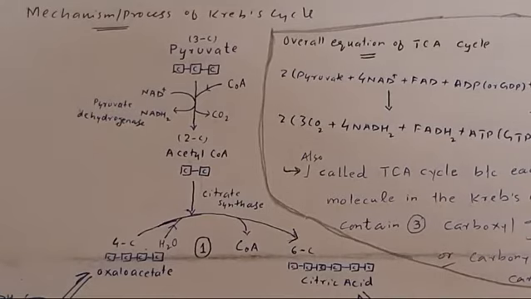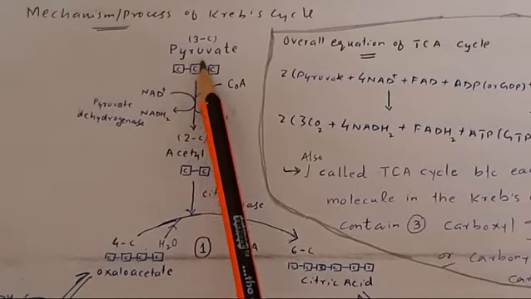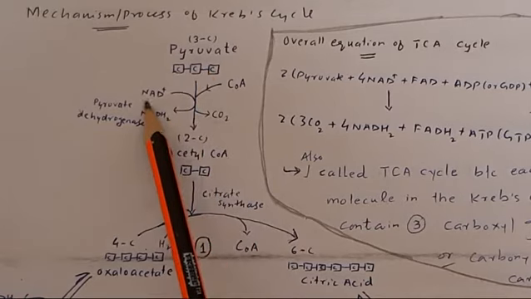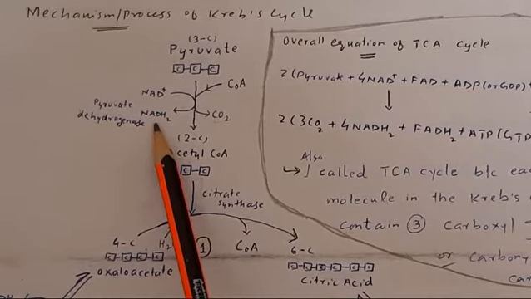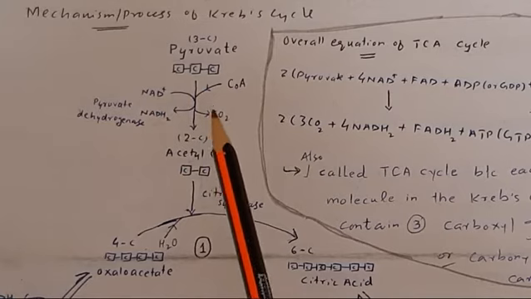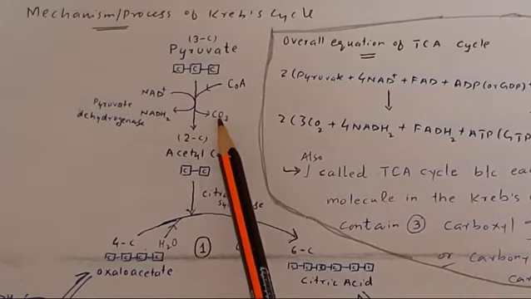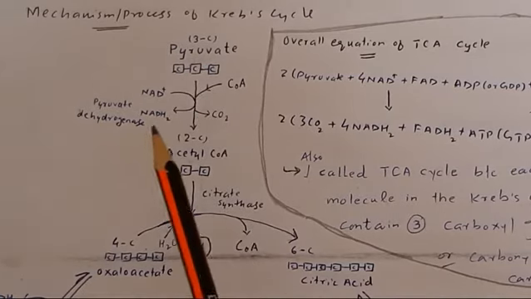Oxidatively means that the pyruvate is oxidized, that is hydrogens are removed from this pyruvate molecule. These hydrogens are taken up by the oxidized NAD, which gets reduced into NADH2, while decarboxylation means that carbon dioxide is removed from the pyruvate molecule.